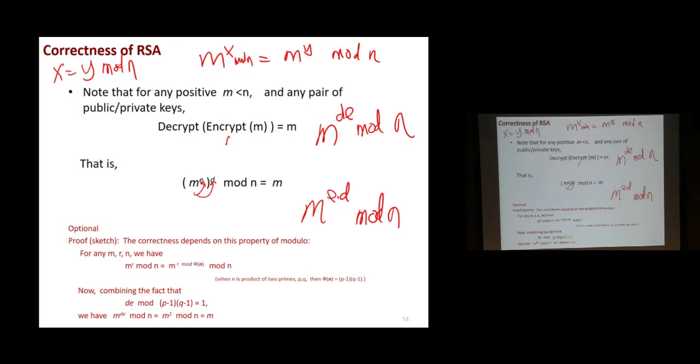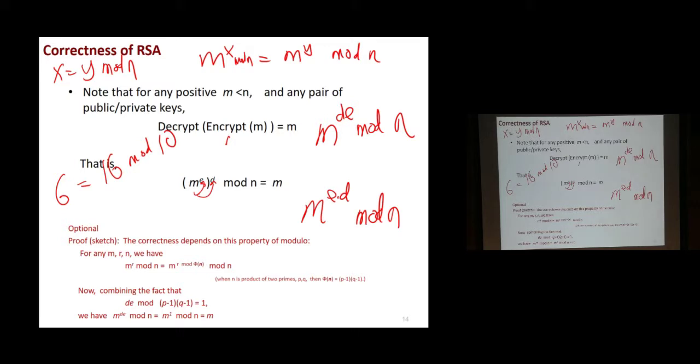Because there's a modulo N here, for example, 6 is equal to 16 modulo 10. So under certain conditions, even if X and Y are different, these two are the same. So under what condition are these two the same?